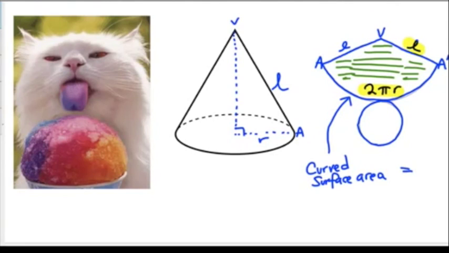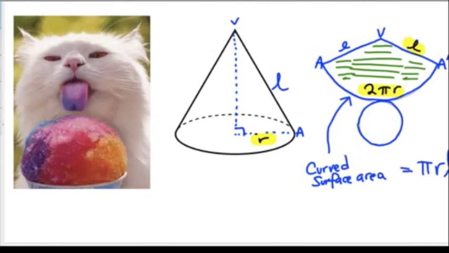We have a lateral face. And we have a radius that help to pull apart the cone. So the formula to find the curved surface area of a cone is actually pi r L.